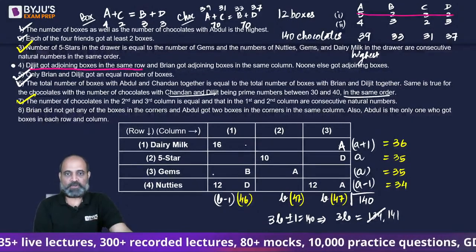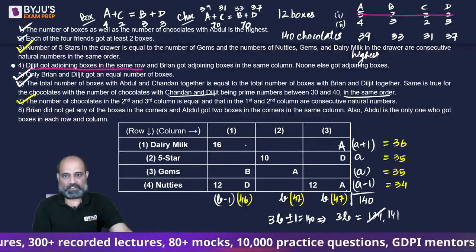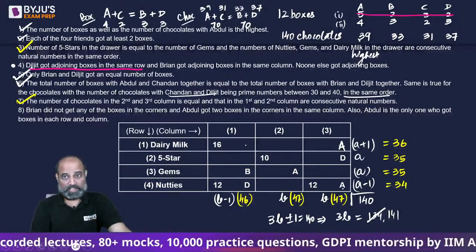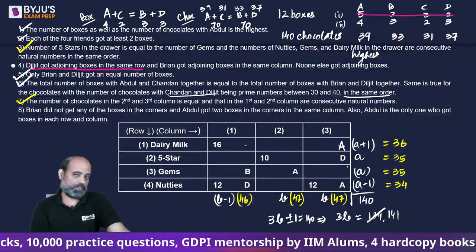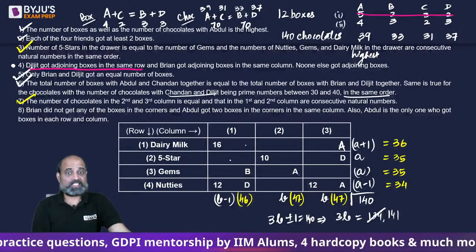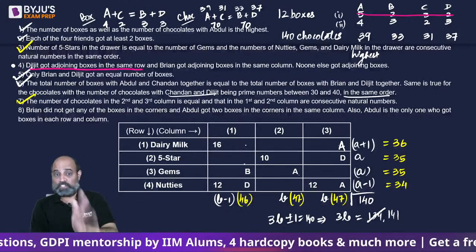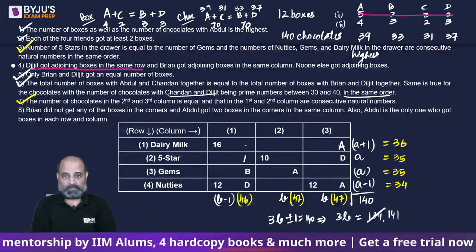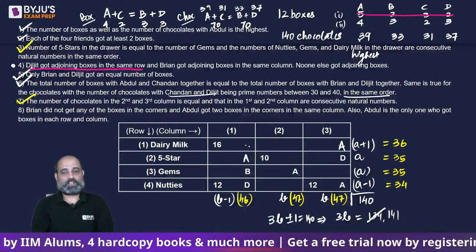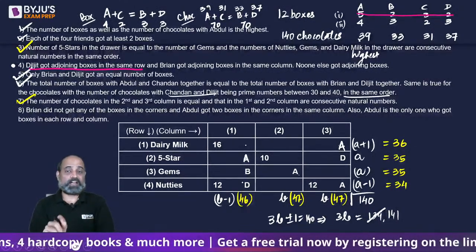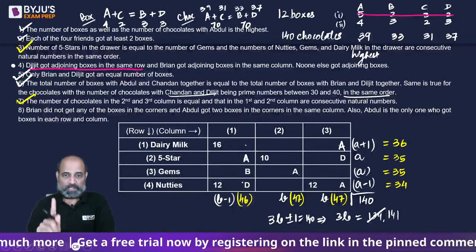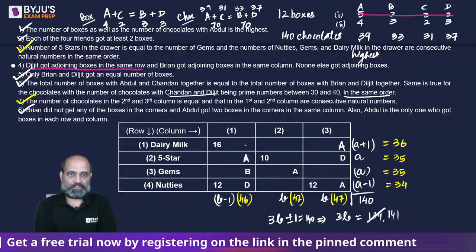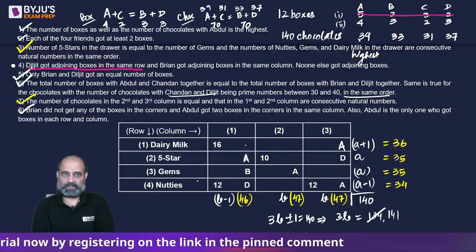In the first row, third row and fourth row, we have Abdul. We need to put one more A. Remember, there are 4 boxes for Abdul. 3 A's are already here. We need to put one more A such that it covers first column and second row as well. That means it can be only here. This is the only place where we can put A such that A is there in every row and every column. Now the moment we have A here, we can go to the fourth statement.